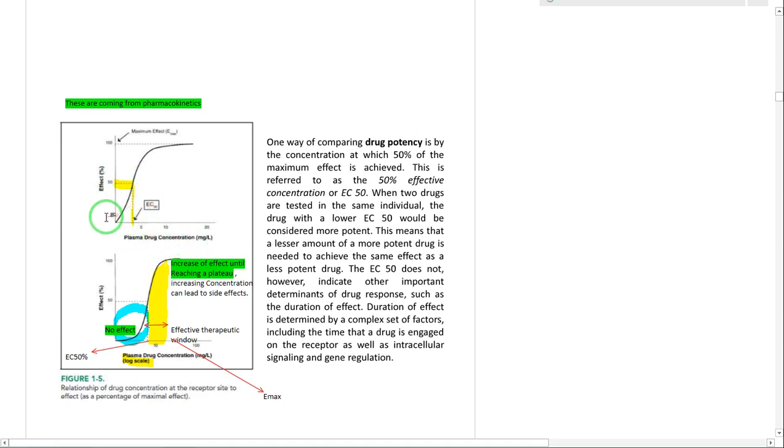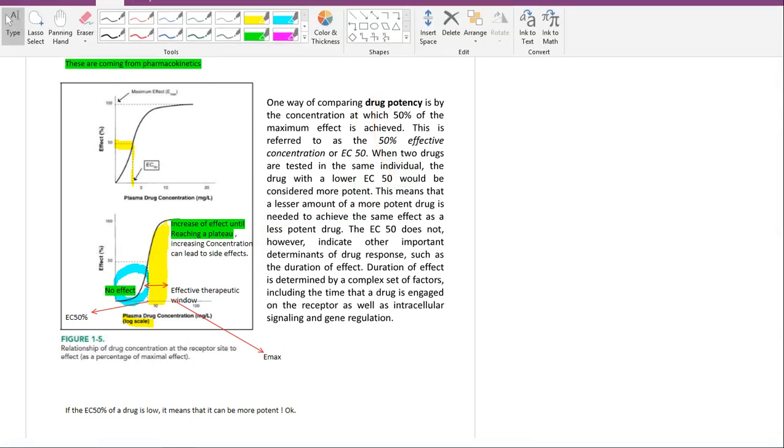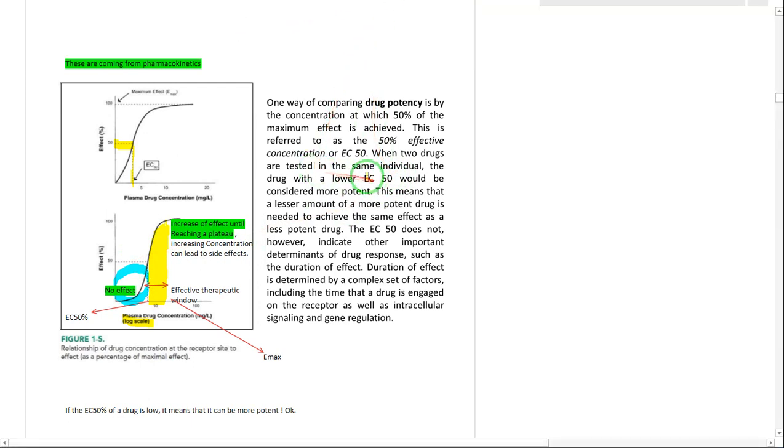So you see here, if we plot this diagram in a semi-logarithm scale, there is a concentration of drug which is called the EC50.